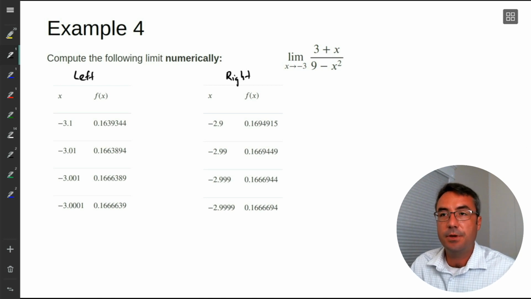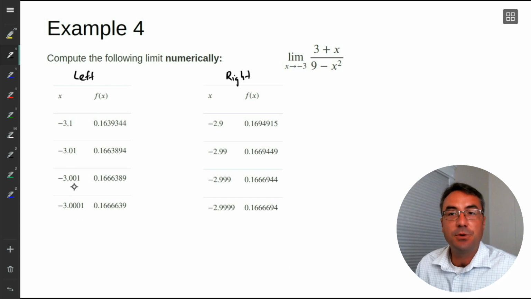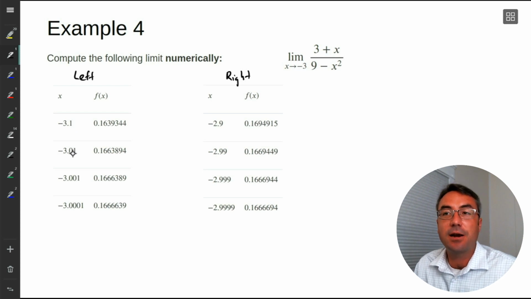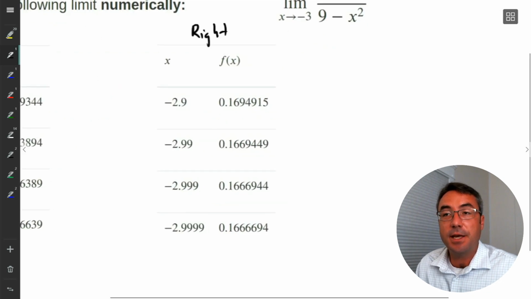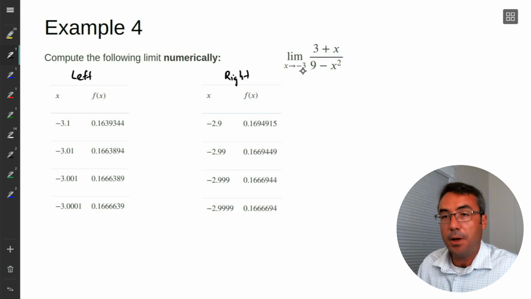So we're going to look at the left, we're going to look at the right. And so if we're going to do this numerically, it's up to us to decide, what x value should I use? So we want to find x values that are close to, in this case, negative 3. And for the left, slightly smaller. So what's smaller than negative 3? Well, negative 3.1 is smaller.